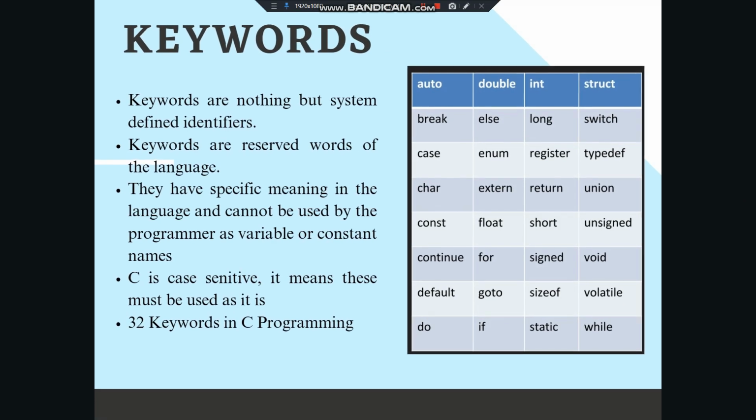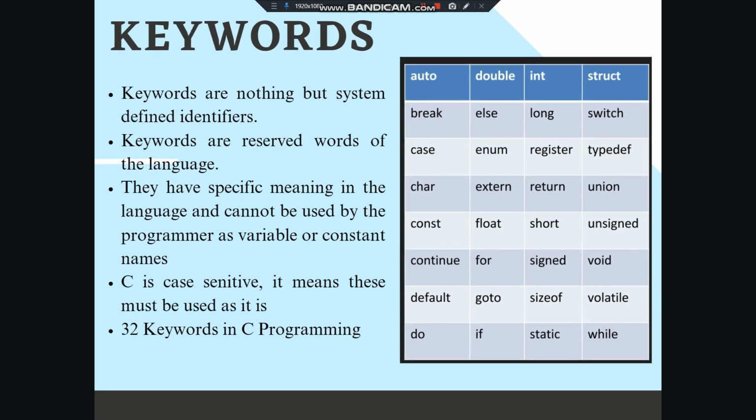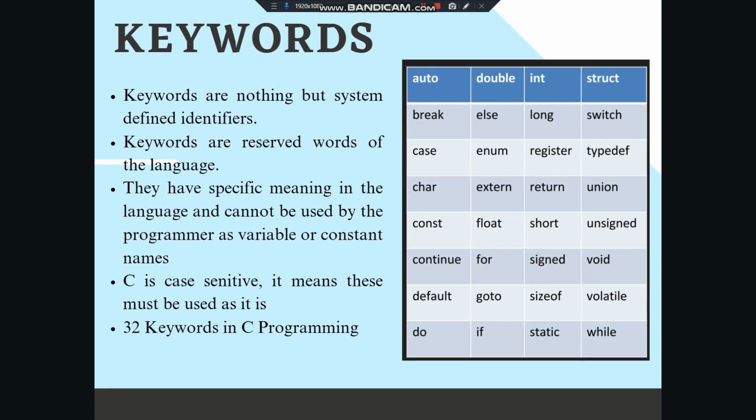Our next topic is keywords. Keywords are nothing but system-defined identifiers. Keywords are reserved words of the language. They have a specific meaning in the language and cannot be used by the programmer as variable or constant names. C is case sensitive, which means these must be used as they are. There are 32 keywords in C programming.